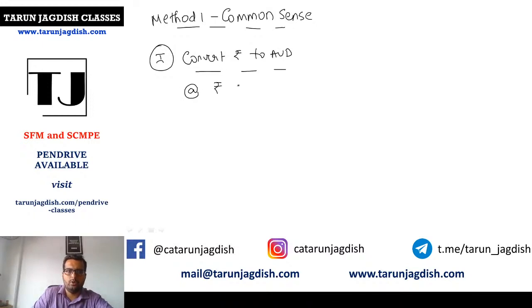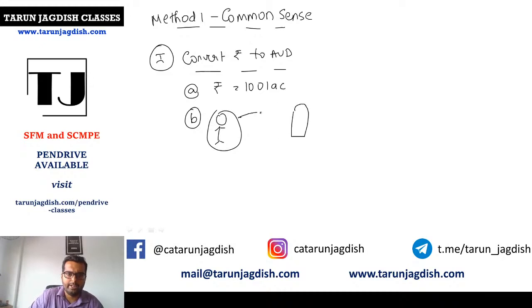So now the rupees available with Riya is 100 lakh. Now tell me, will it be the bid rate or the ask rate? Let's draw the picture to understand that. Riya at the bank, what is she going to do? She is going to sell rupee and in return she will buy AUD.